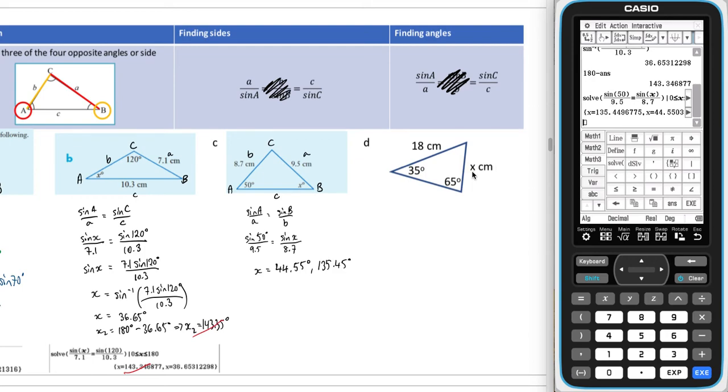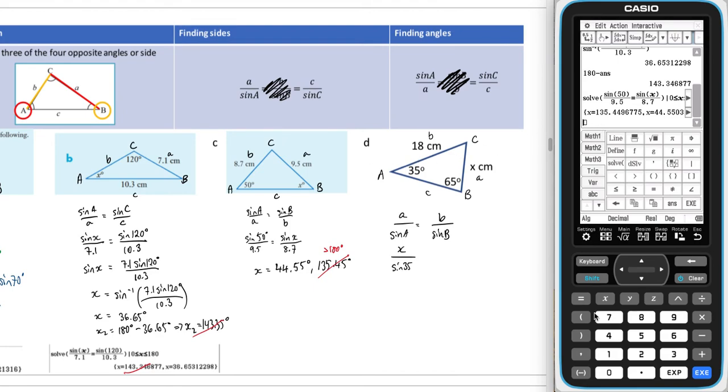Okay. The next one here, D, we're figuring out a side length. We label our triangle A, B, and C, and then small b, small a, small c. Looks like yet again we have A's and B's, and we're going to use the finding sides rule: a on sine A is equal to b on sine B. Sub in our values: x on sine 35 degrees is equal to 18 on sine 65 degrees.